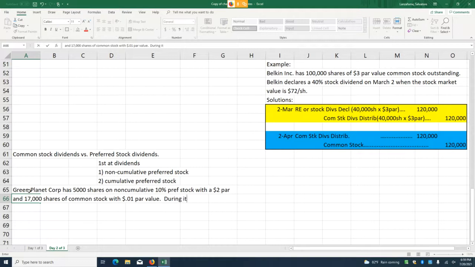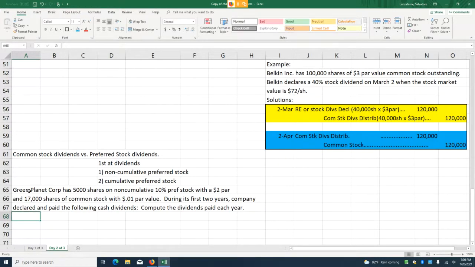So then it says during its first 2 years, the company, I should say declared and paid, yes, declared and paid the following cash dividends. And it says compute the dividends paid each year to the two classes, preferred and common.